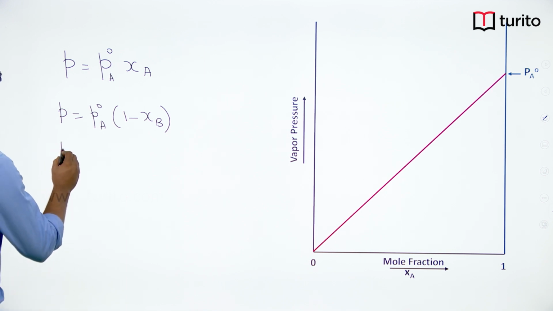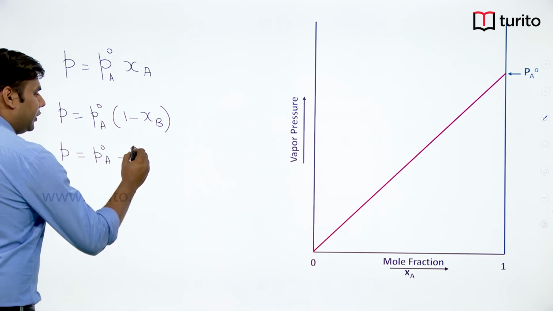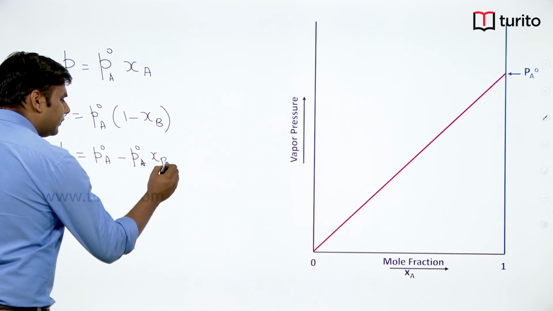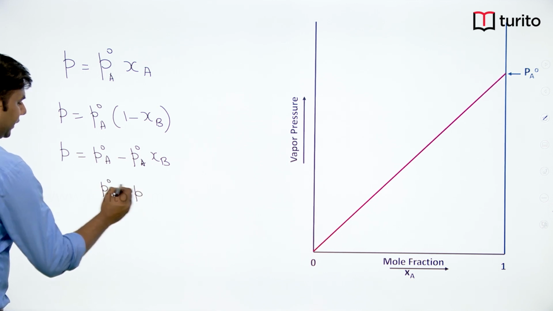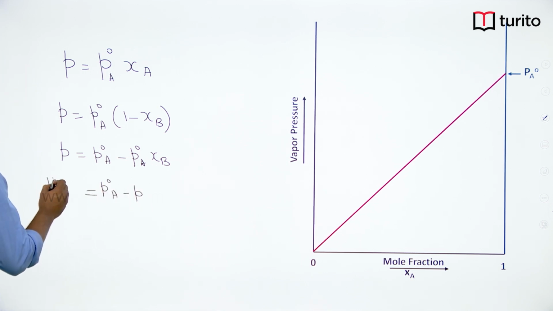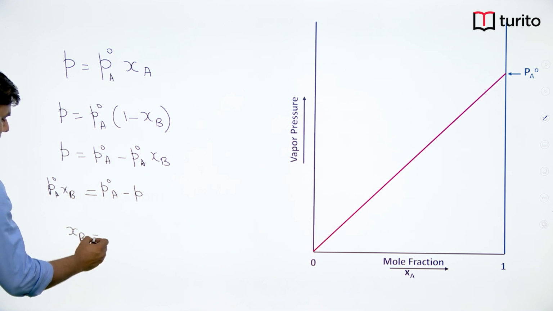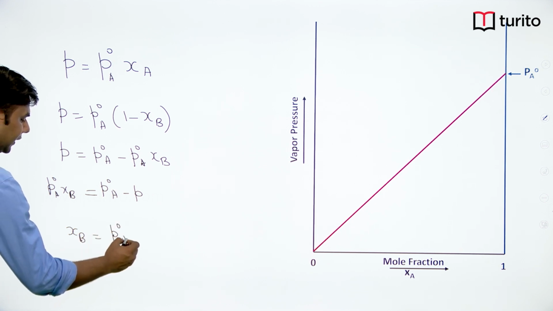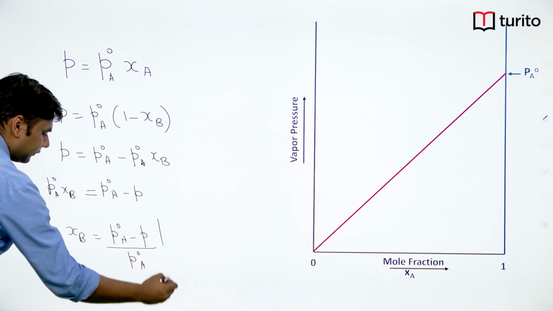So I can write this as P equal to P naught A minus P naught A into XB. So P naught A minus P equals P naught A into XB, and I can write XB as P naught A minus P upon P naught A.